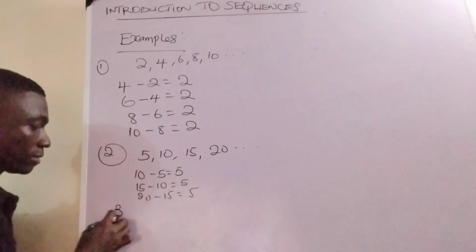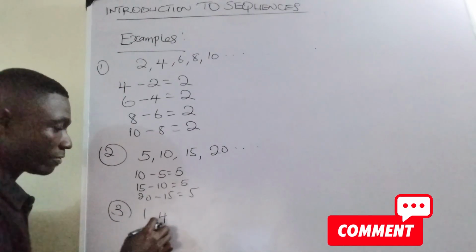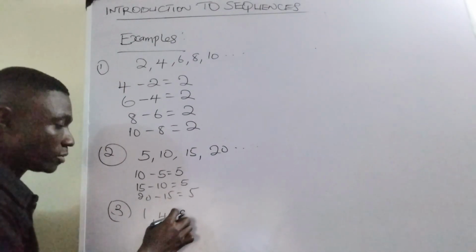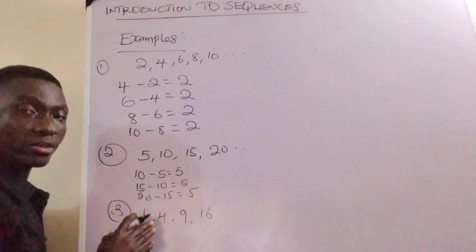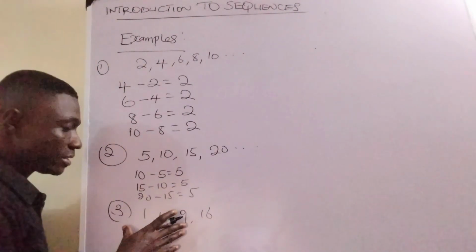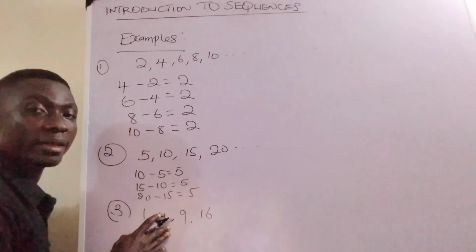Let's consider another example. How about something like 1, 4, 9, 16. Now, you might not see this so clearly, but the rule binding these is that they are perfect square numbers.